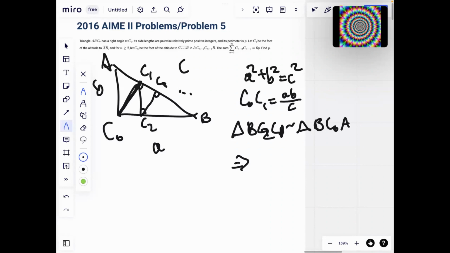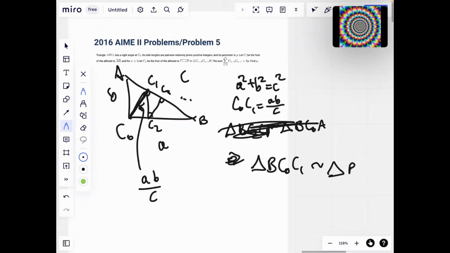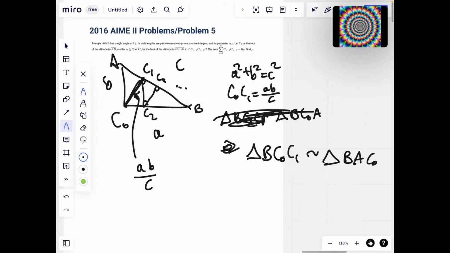Okay, so we know that triangle BC0C1 is similar to triangle BAC0, which means that BC1 over C0C1 is equal to C0C1 over AC1.